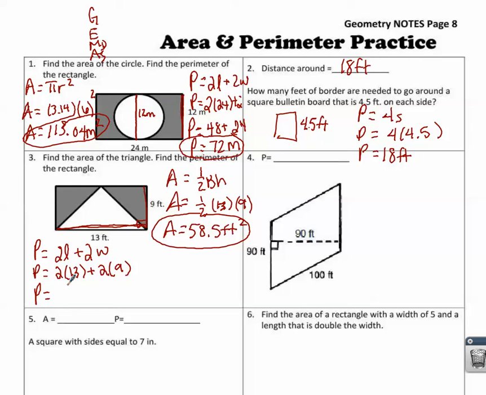So then 13 times 2 is 26 plus 18, which will give you 44 feet for the perimeter of the rectangle. Label these as best you can. For example, if you have enough room, label this as area of the triangle, and the rectangle was here, so that way there's no confusion in your answer.